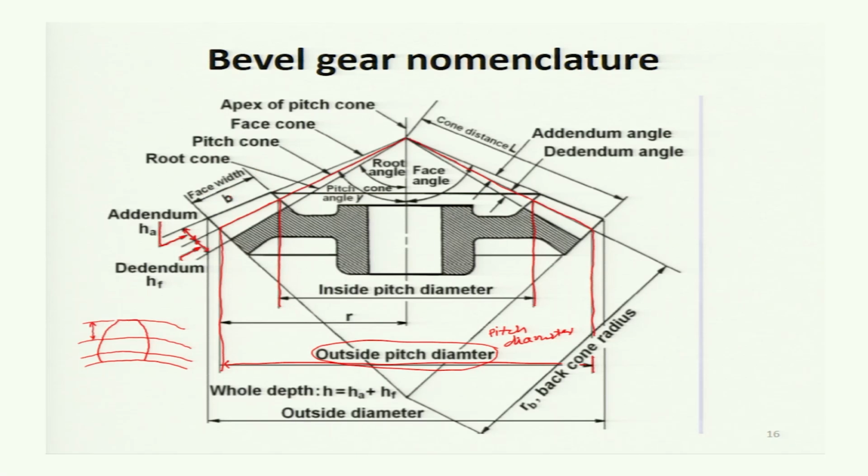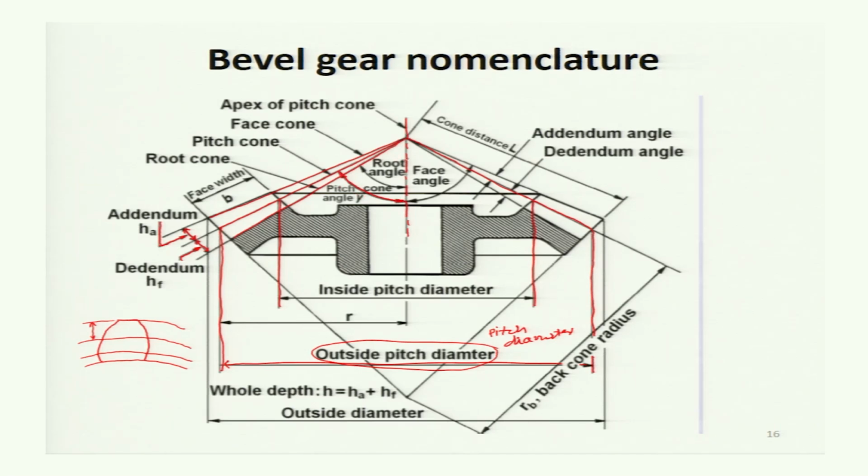Well, now when the apex of the pitch cone is joined with the top land and with the bottom land, you will get these two lines. This is the pitch cone line. The angle between these two is called 2 times the pitch angle, and the angle between this pitch line and the axis of rotation is called the pitch angle, which is represented by gamma.